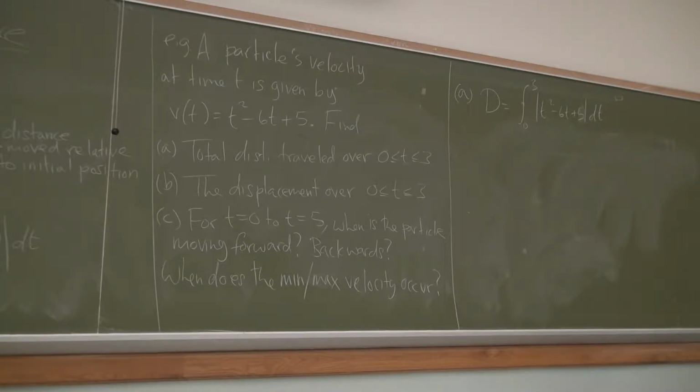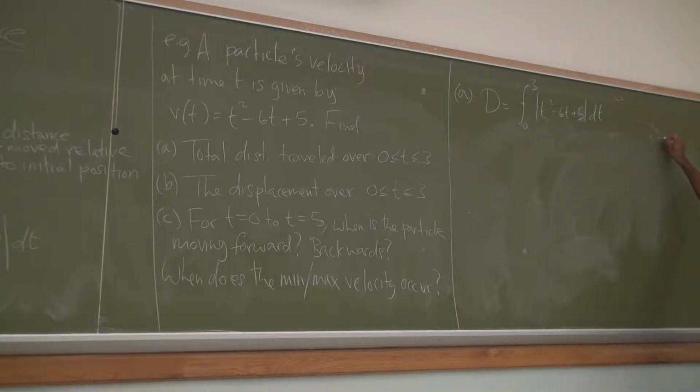Okay, so how do we do it? Absolute value. What do we need to figure out? No, there's an absolute value here. You need to figure out where it's positive and where it's negative. How do I figure out where this is positive and negative?